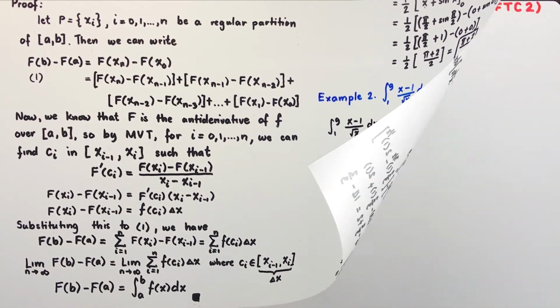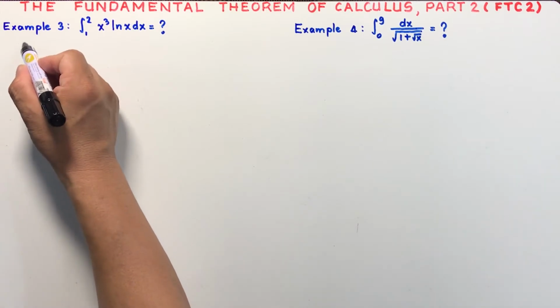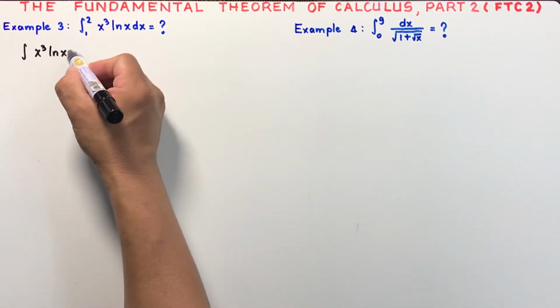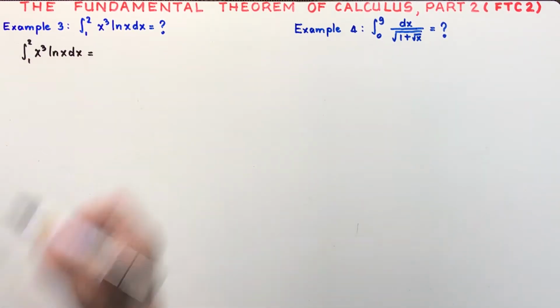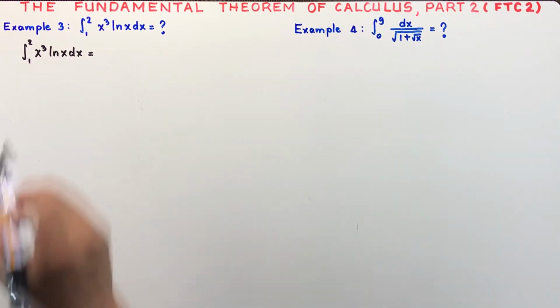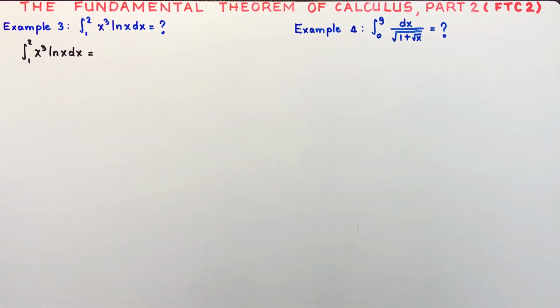Now let's proceed to our example number 3. What is the integral of x cubed times ln x dx from 1 to 2? Now, looking at this integrand, this is a product of an algebraic expression and a logarithmic expression.